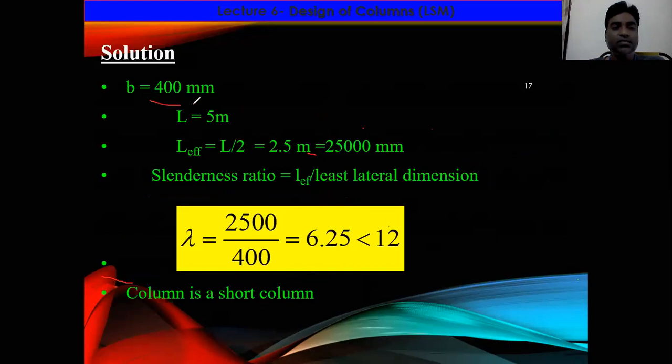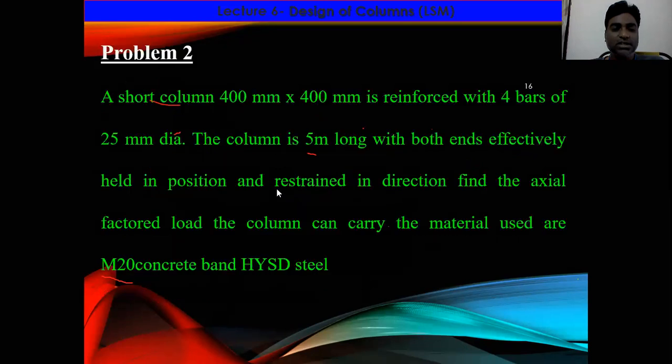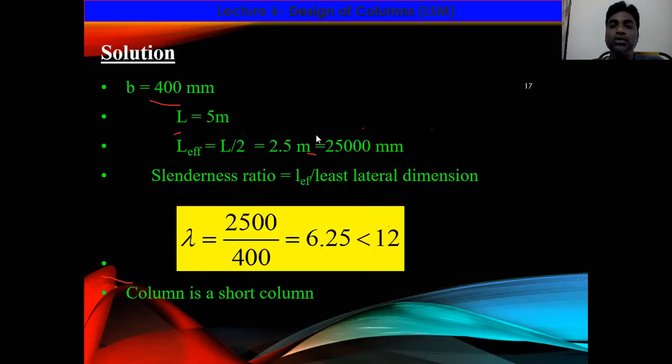B is equal to 400 mm, length is 5 meters. So here both ends are, what is the condition? Both ends are effectively held in position and restrained in direction. Therefore, both ends are fixed.